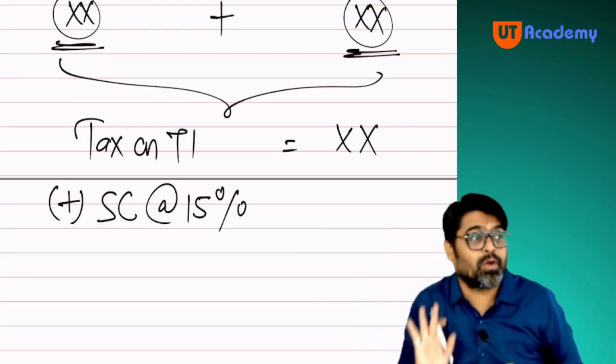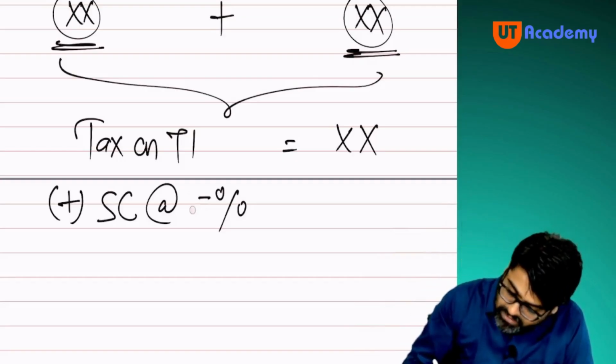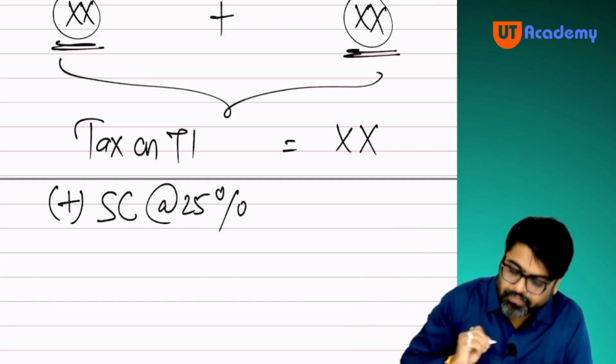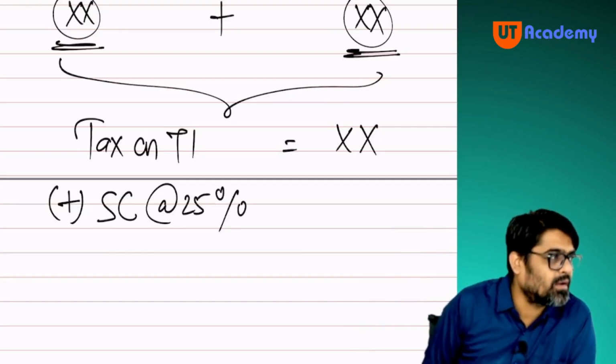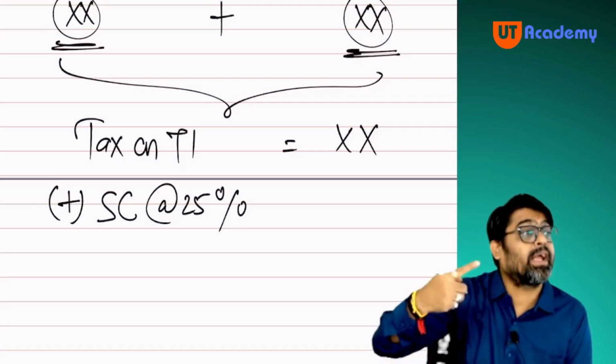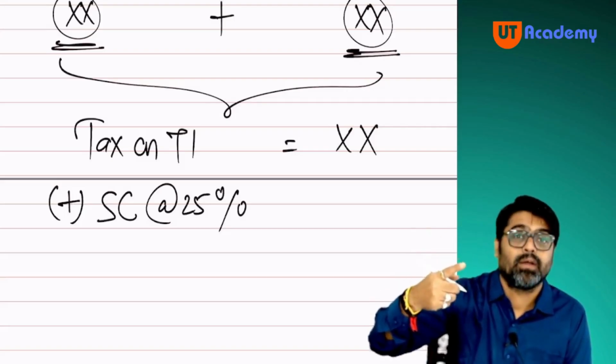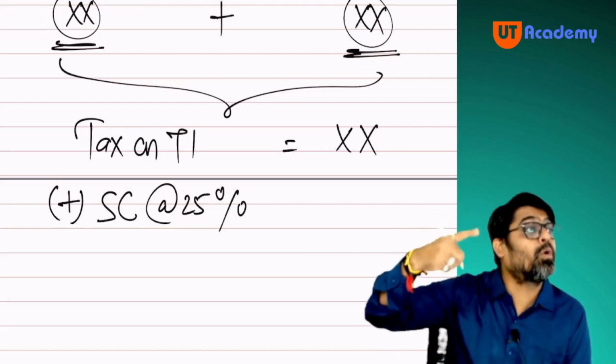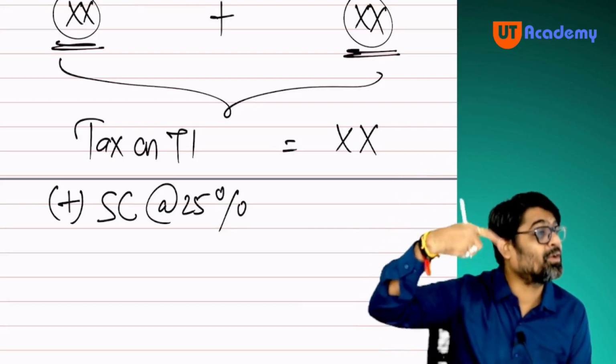Then the rate of surcharge will change. Understanding or not? Can you see the rate of surcharge is changing with the change in the amount of total income. The more your total income, the more rich you are, the more surcharge you pay.